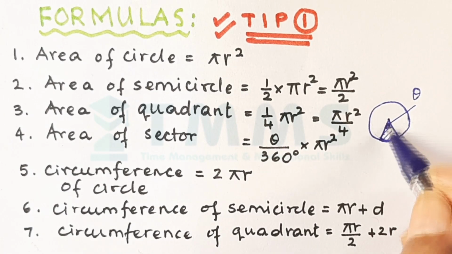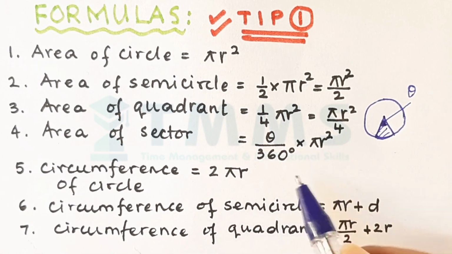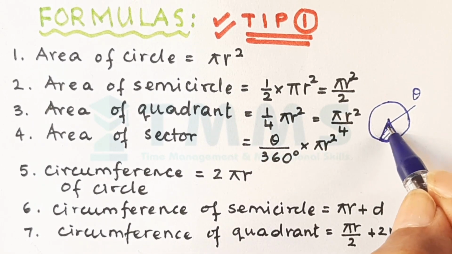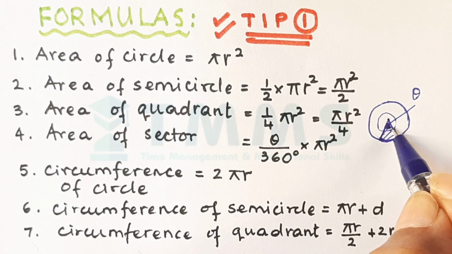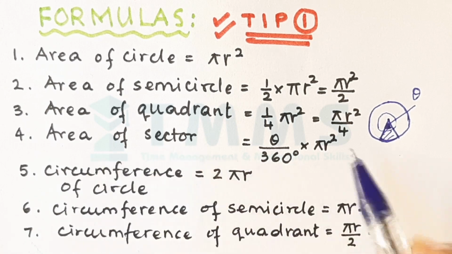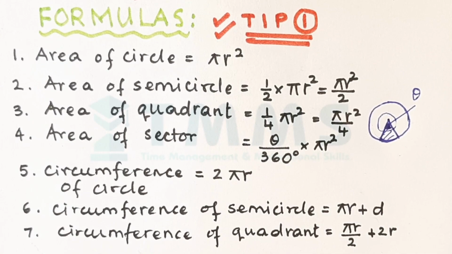So the area of this sector will be a fraction of this whole circle. So it will be fraction of pi r square. How much of a fraction? It will be theta upon the whole thing from here to here. How much is that? 360 degrees. So area of sector becomes theta upon 360 degrees multiplied by pi r square.